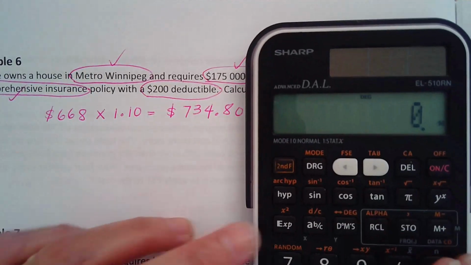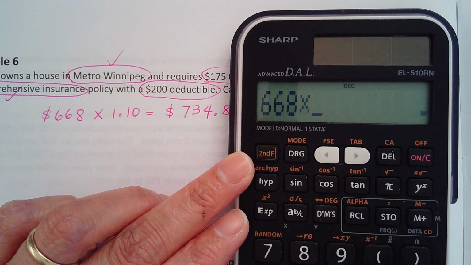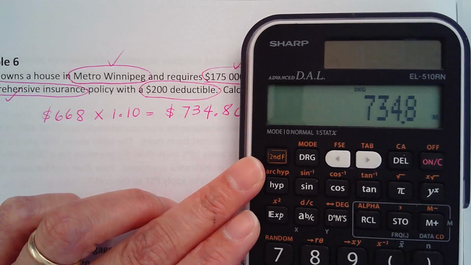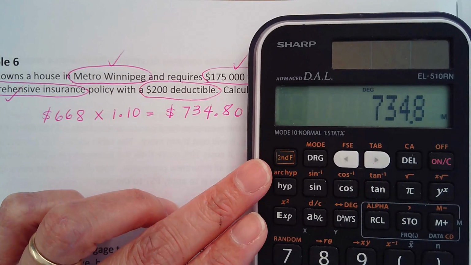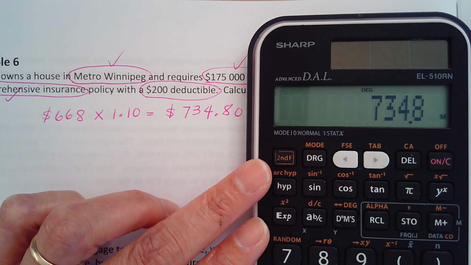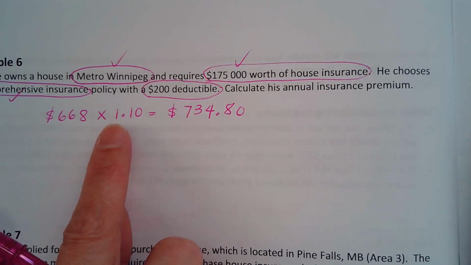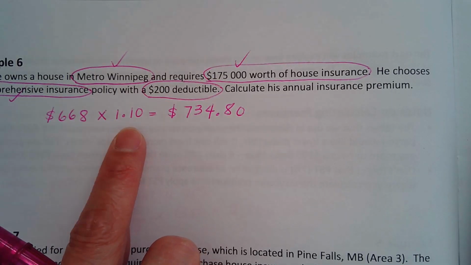It's 668 times 1.10. 734.8. Now I have to put a 0 at the end because it's 2 decimal places. Is that okay? Good. So that's for $200 deductible, extra 10%.